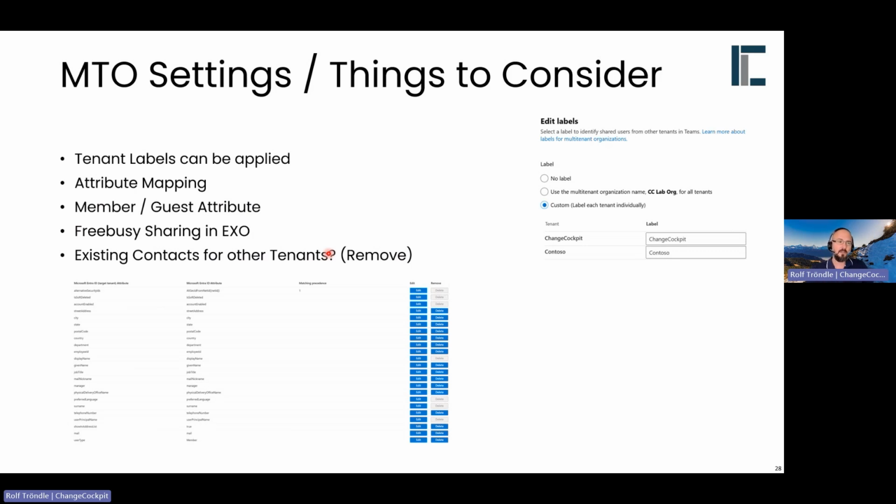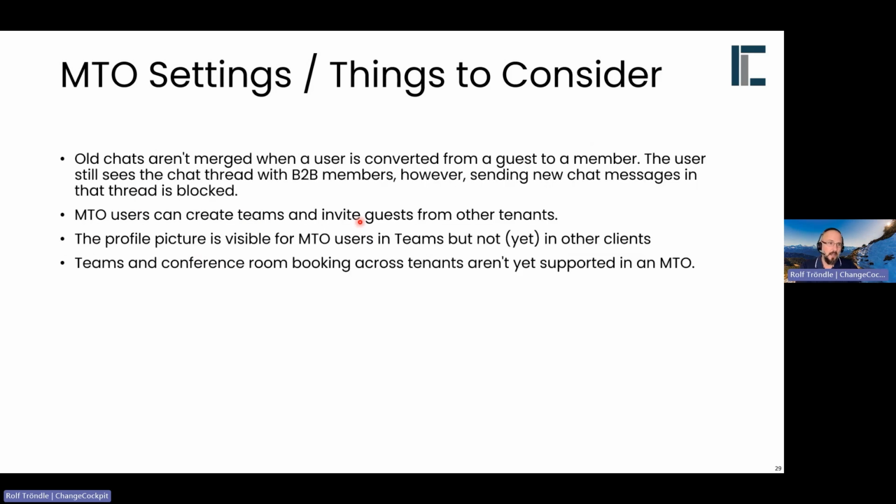So you will have duplicates inside your global address list, which wouldn't make any sense. So it's recommended to remove existing contacts, and just be careful if you remove the contacts, check if they are already member of distribution groups. And then you would also need to add the B2B member users to these distribution groups before you remove the respective contacts, just as a side note.